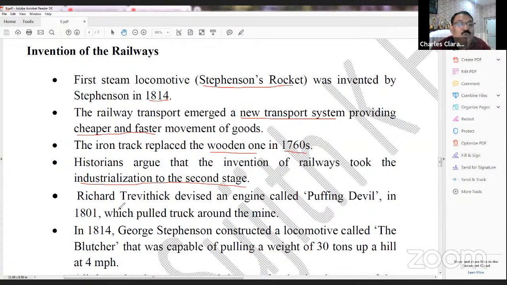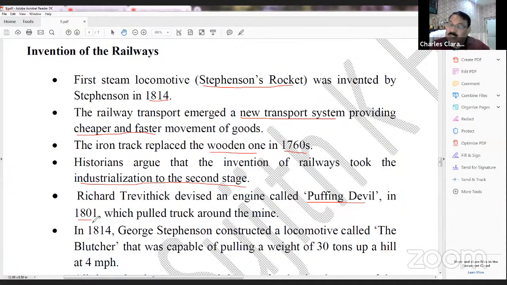We had this person known as Richard Trevithick. He devised an engine called the Puffing Devil in 1801, which pulled trucks around the mine. This was working only in the mines.